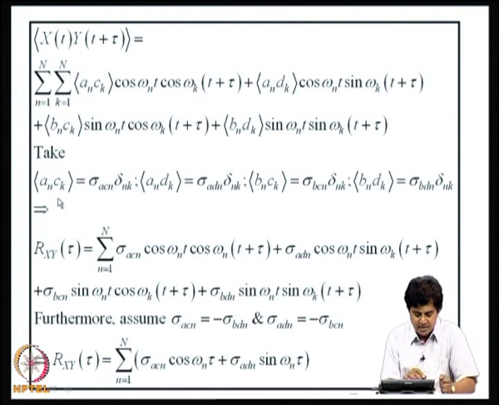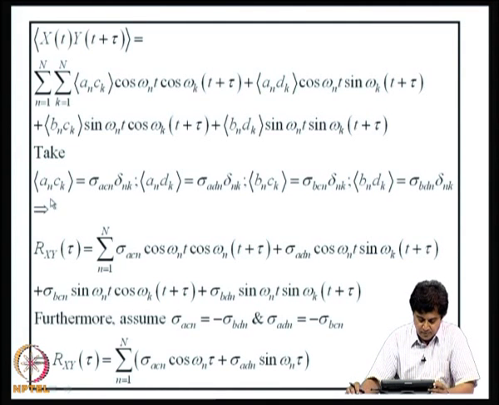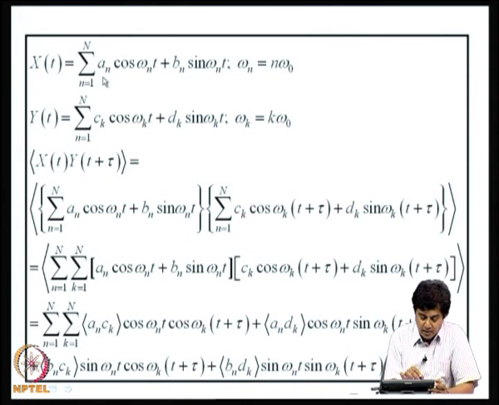what we will do now is, I have not defined the properties between an and ck, how they are related, an and dk, bn and ck, and bn and dk, that we have not specified. So, we will assume that an is independent of ck and dk if n is not equal to k.